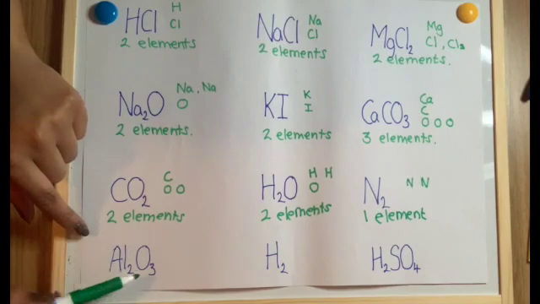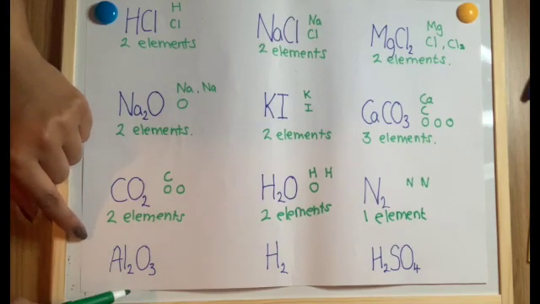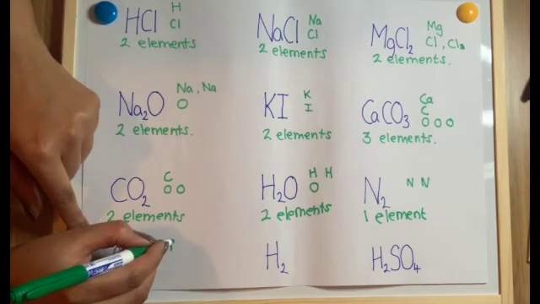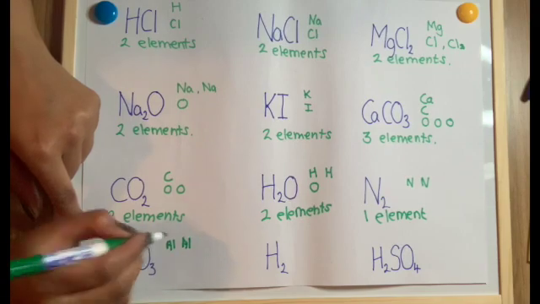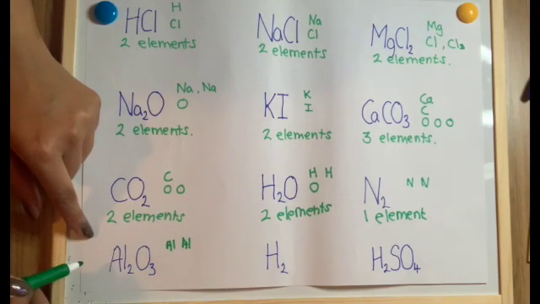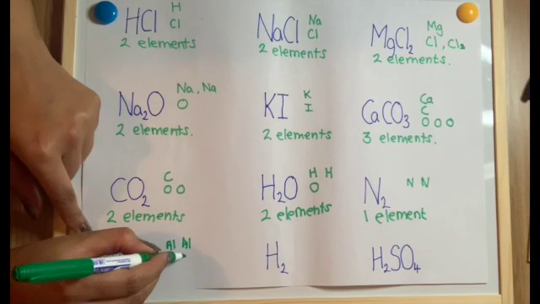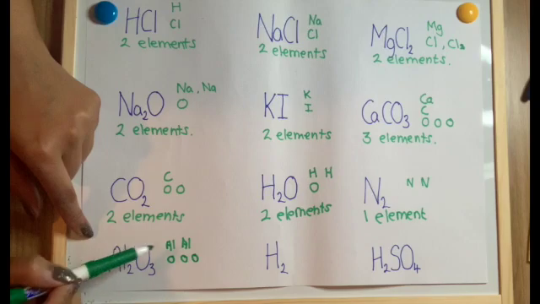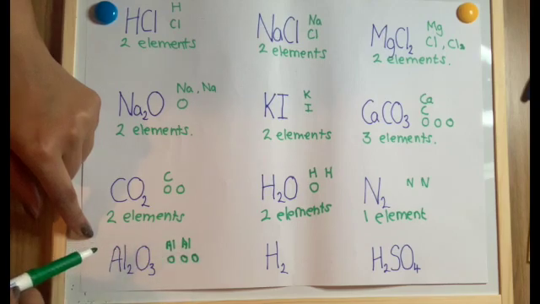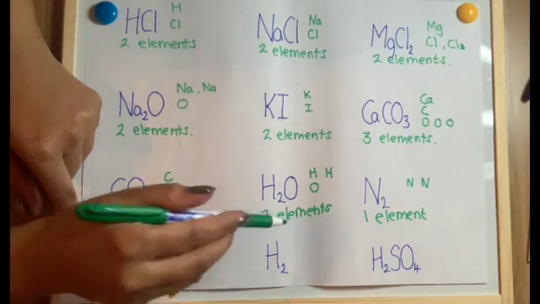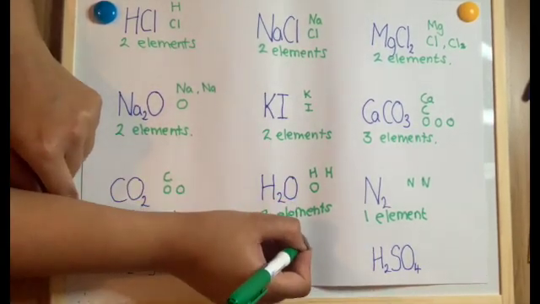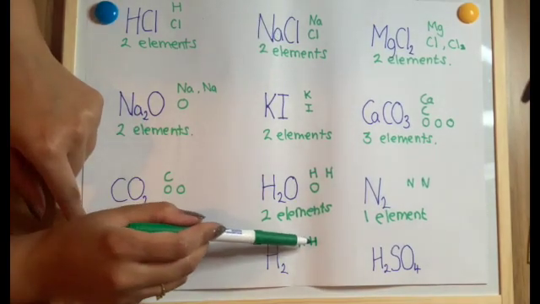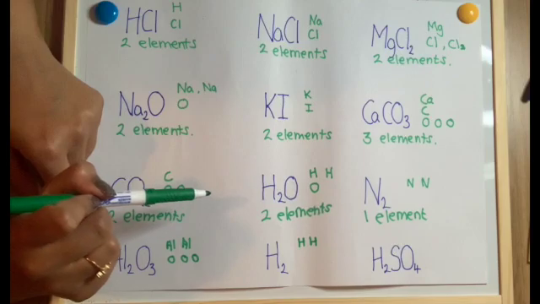Now I'm just going to say what these are. I don't think I've got quite enough room to write at the bottom there, but if we look here, Al2, so I've got an Al and an Al, and then I've got O3, which means 3 O's, 1, 2, 3, so 2 elements altogether, and 1, 2, 3, 4, 5 atoms altogether. Then for this next one, H2, which means I have an H and another H. Okay, so 1 element but 2 atoms.